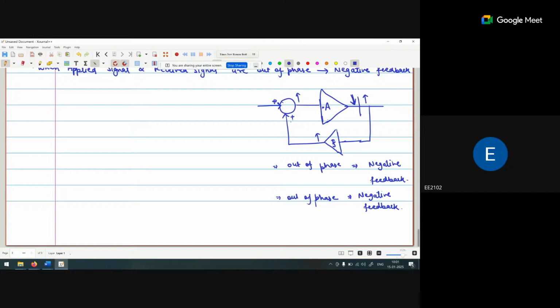So every system has a feedback. Without feedback, there is nothing to maintain, for example, a 25 degree centigrade temperature. According to this, my AC will start working. After some time it goes to 22, 21, 20, 19, 18, 17. So how low can the temperature go under that condition?